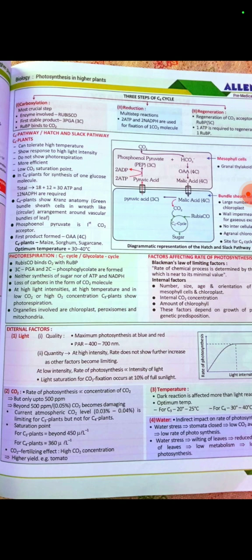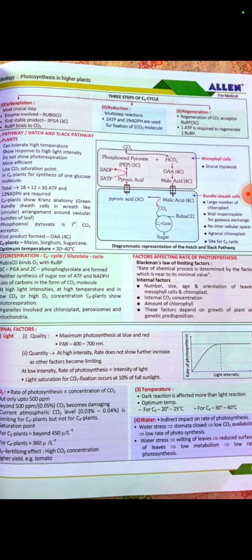In low CO2 and high oxygen concentration, C3 plants show photorespiration. Organelles involved are chloroplasts, peroxisomes, and mitochondria.